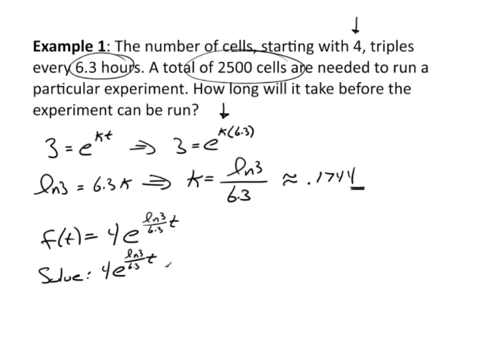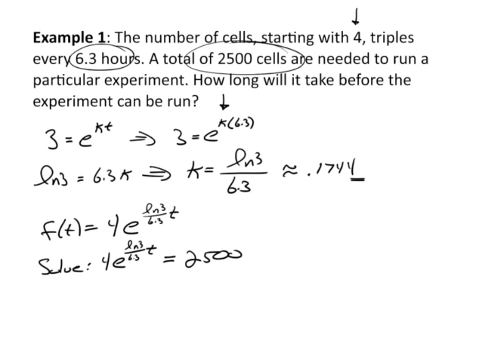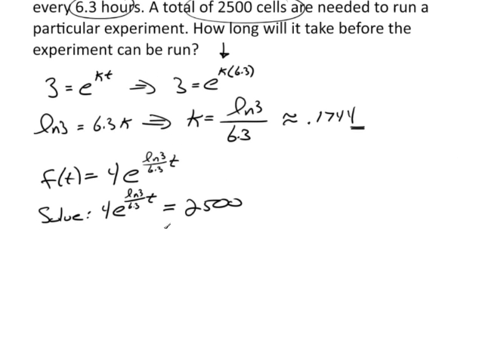When is this going to be equal to 2,500? Well, start off solving it like you would any other problem. I divide by 4. I will have e to the ln 3 over 6.3 t equals 2,500 divided by 4.